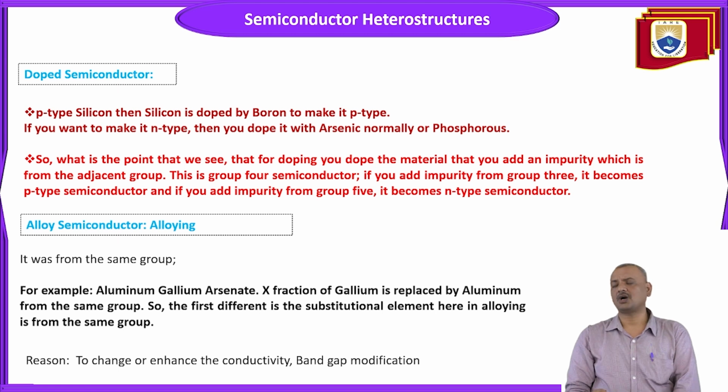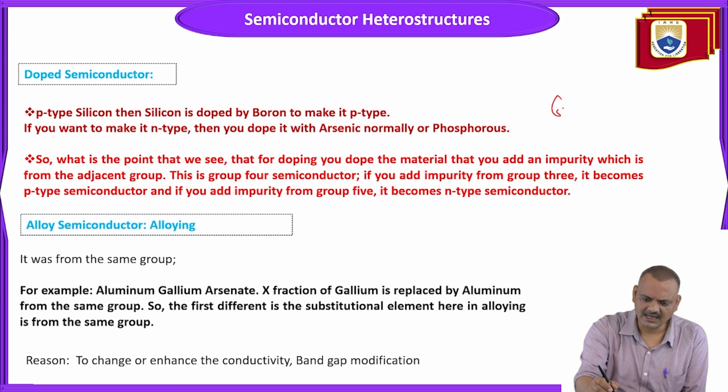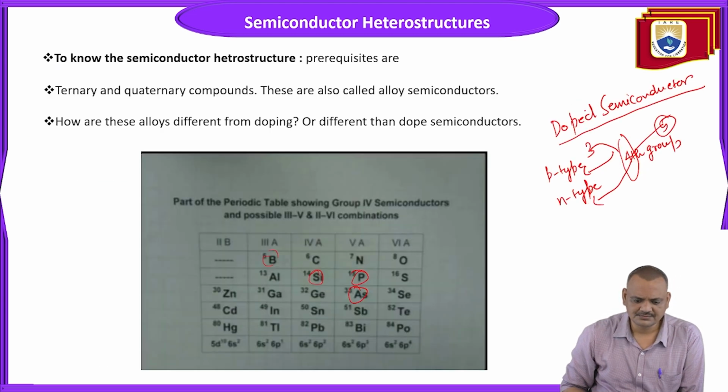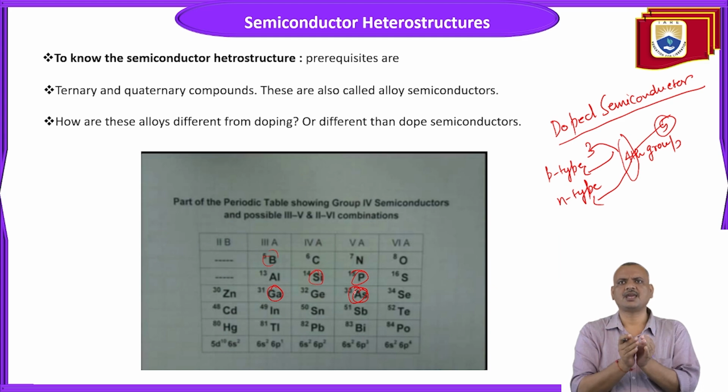Now what is an alloy semiconductor? Alloy means ternary or quaternary semiconductor. Actually, suppose gallium arsenide. See, this is gallium, this is arsenic.